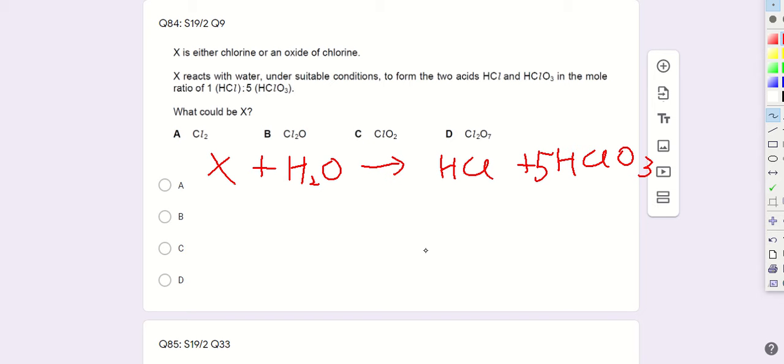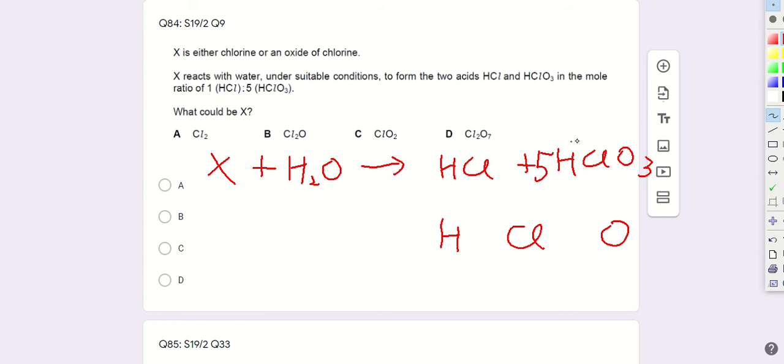I'll start with the second method. I'll count the number of atoms of different elements on both sides. I'll start with the products, because they told us the mole ratio. Now I have hydrogen, chlorine, and oxygen.